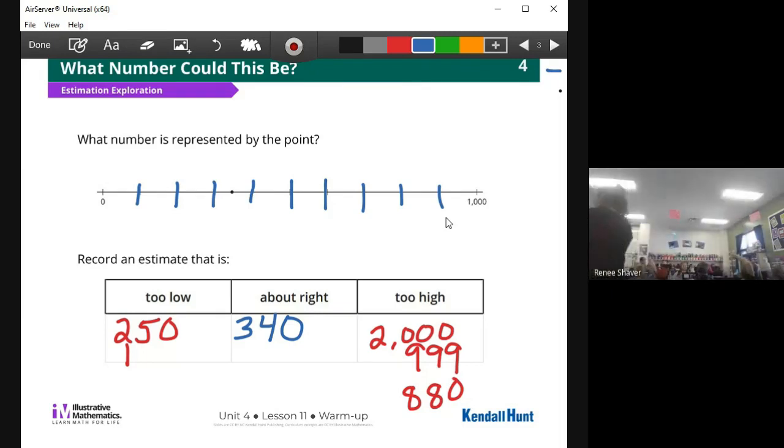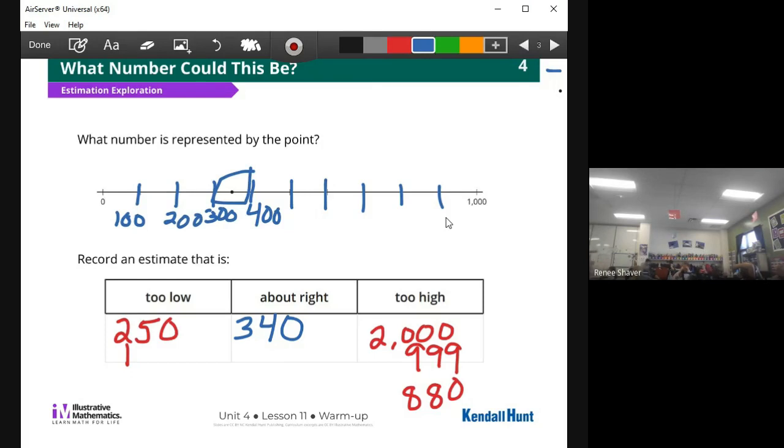Raise your hand if you said 100. So then if I counted 100, 200, 300, here's 400. So my answer has to be in the middle, or in between 300 and 400.